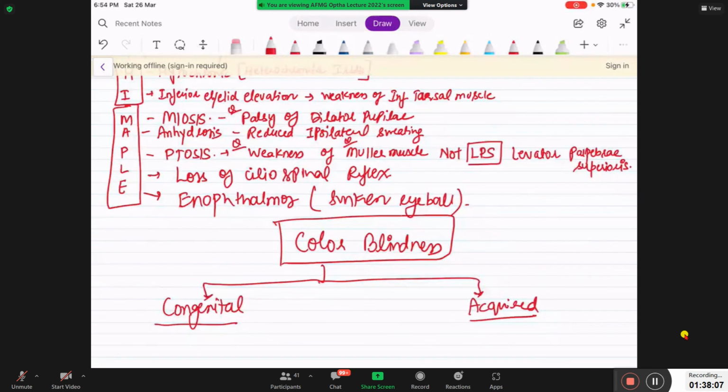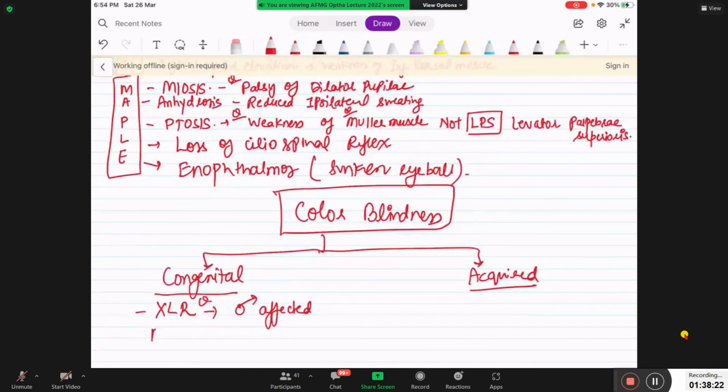If it is congenital, it is X-linked recessive. What do you mean by X-linked recessive? It means that males are affected more than females, and they skip generations.